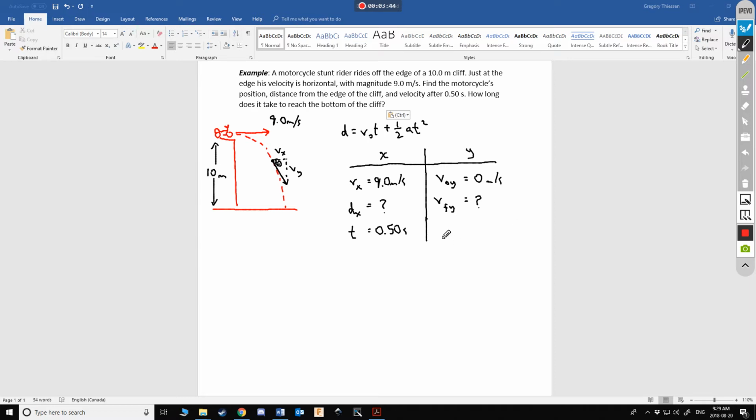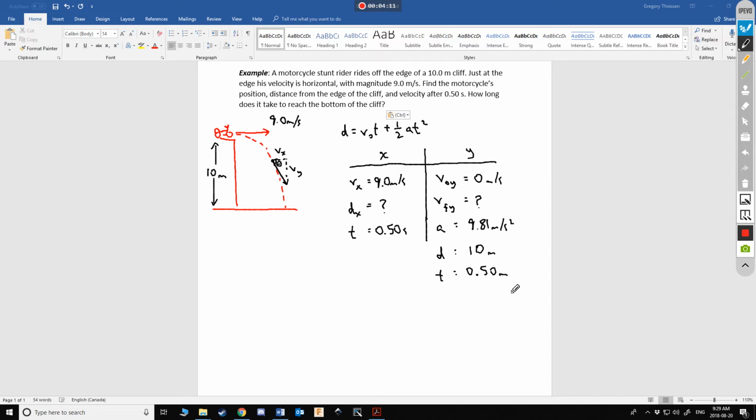That's our acceleration. d is 10.0 meters. And we have t is equal to 0.50 seconds.